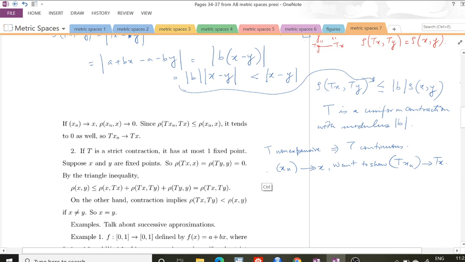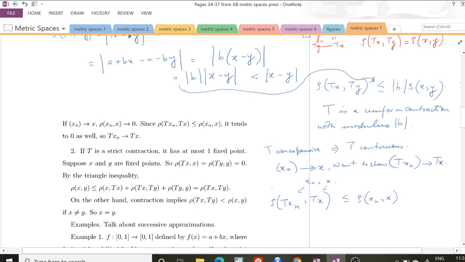Well, non-expansiveness has to do with distances between tx's and ty's, for a pair of points x and y. So let's bring in distances here. Suppose my pair of points is some xn and some x. Non-expansiveness would mean that the distance between txn and tx is less than or equal to the distance between xn and x.